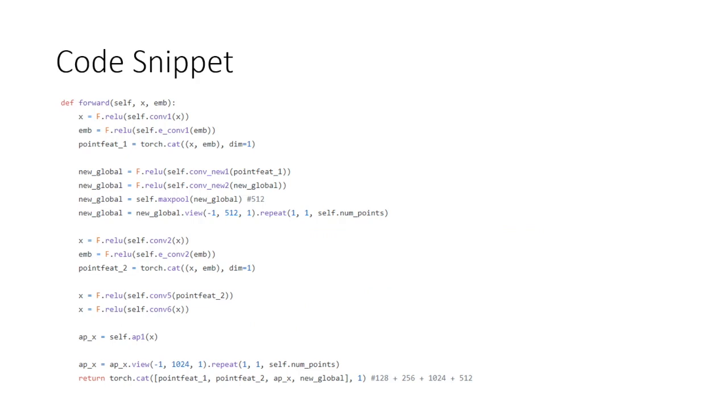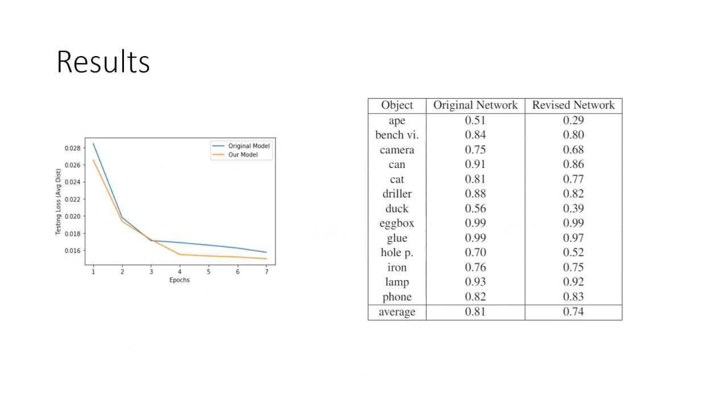The figure suggests that the additional global feature helps my revised network achieve a faster convergence rate in terms of the testing loss. Thus it will trigger the iterative refinement training in fewer epochs.